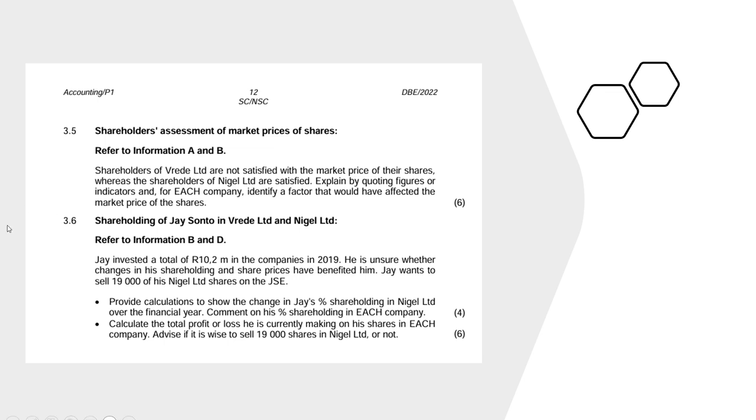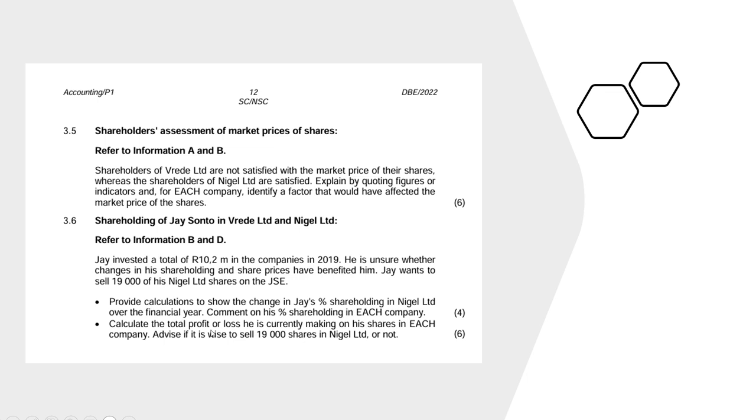3.6 is looking at the shareholding of those two companies. It refers to information B and D. That means the information that you need is in B and D. What you will need to answer: provide a calculation to show the change in J's percentage shareholding in this company over the financial year. Comment on his percentage shareholding in each company.